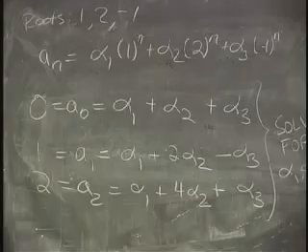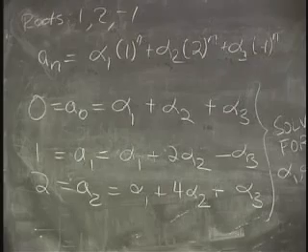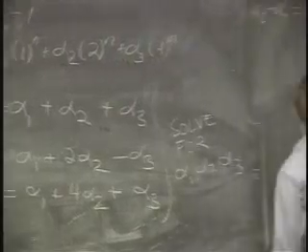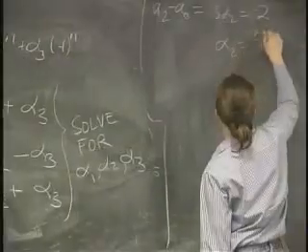Let's see, A2 minus A0 is equal to 3 alpha 2, which is equal to 2. So alpha 2 is equal to 2/3.